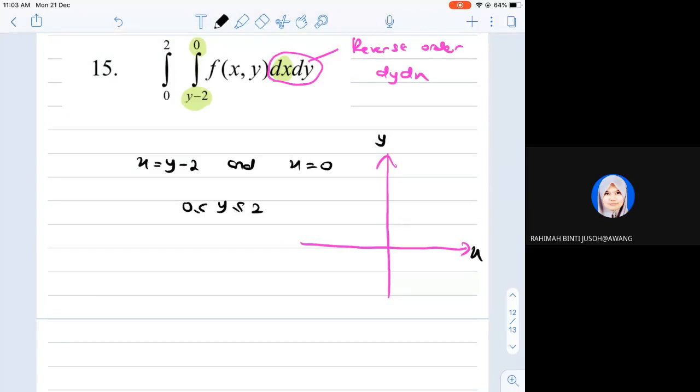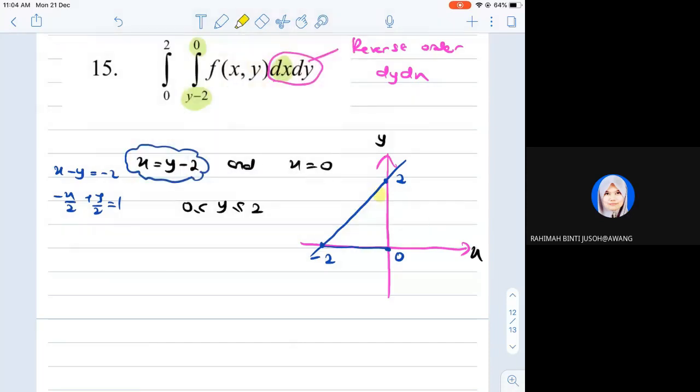So x equals to y minus 2, so we will have x minus y equals to negative 2. So negative x over 2 plus y over 2 equals to 1, isn't it? So we will have a region here, x equals to negative 2 and then y equals to 2. So this is the straight line. And then y from 0 until 2. So this is the region.